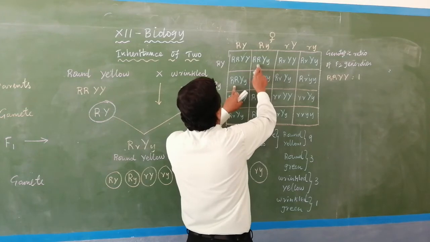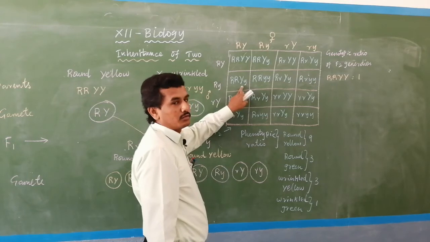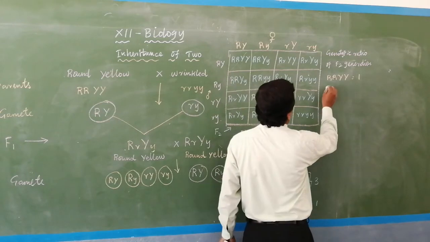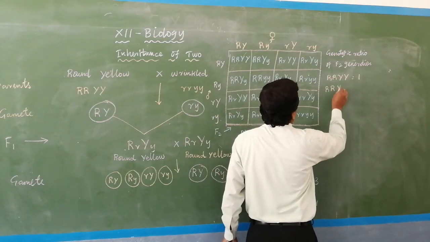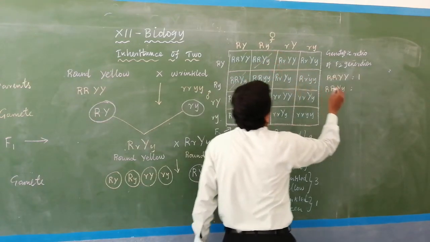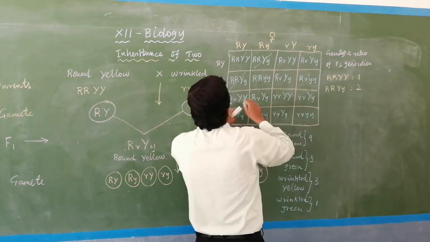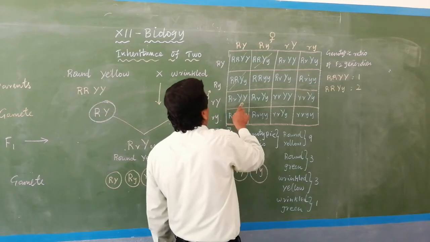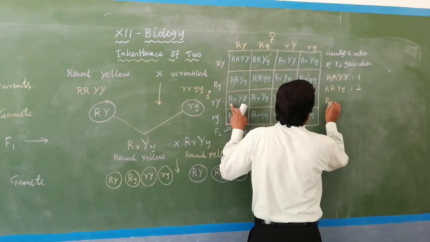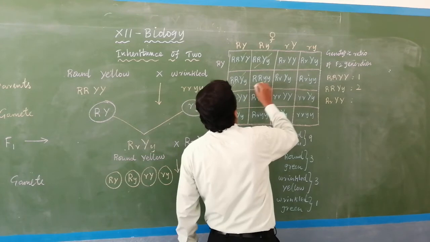Then here, homozygous round and heterozygous yellow, where one small letter is present: capital R, capital R, capital Y, small y. How many? 1, 2. So this is 2. Then heterozygous round and homozygous yellow, capital R, small r and capital Y, 1, 2.